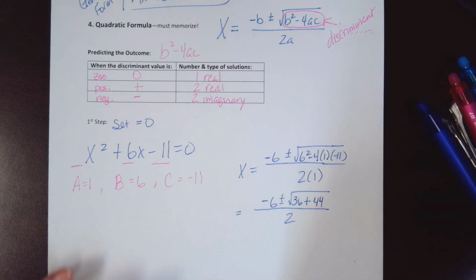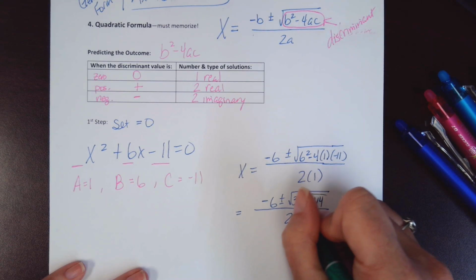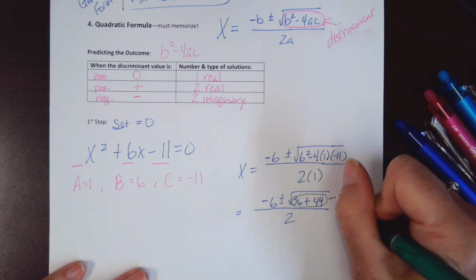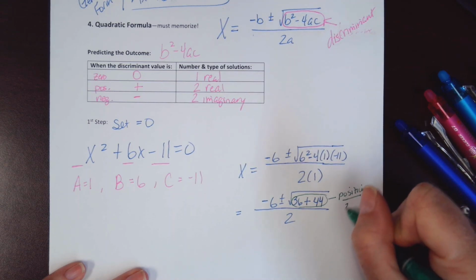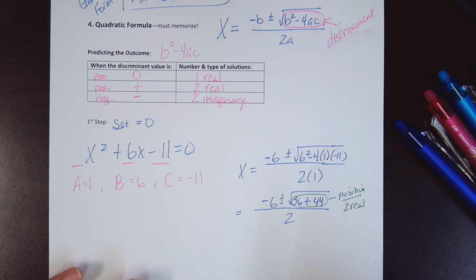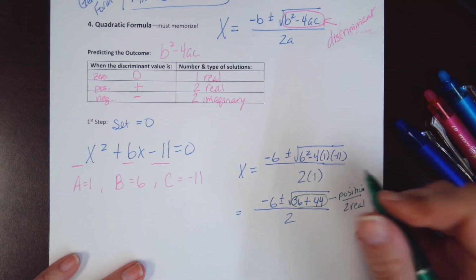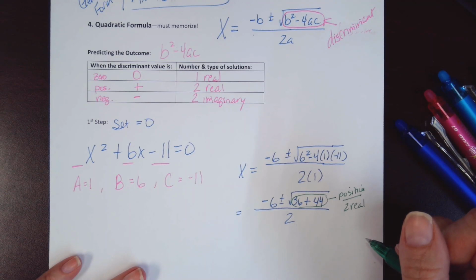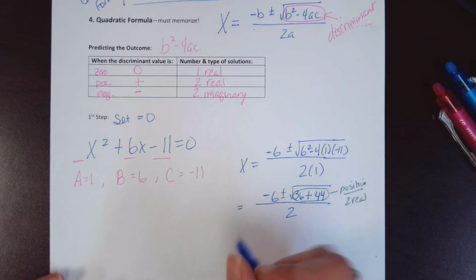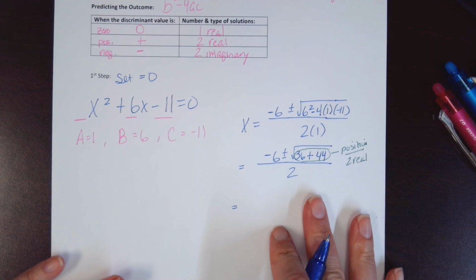Now, I look at this immediately, I see that my discriminant is going to be positive. So I know that I'm going to have 2 real solutions, which means my graph will cross the x-axis in 2 places. So let's go ahead and finish working it through to get to those 2 real solutions.